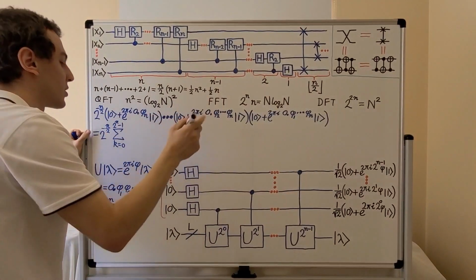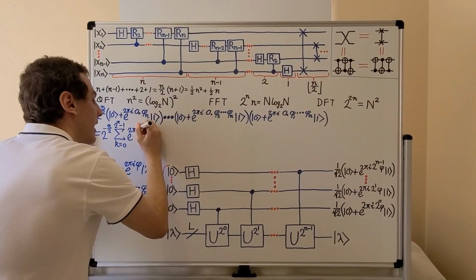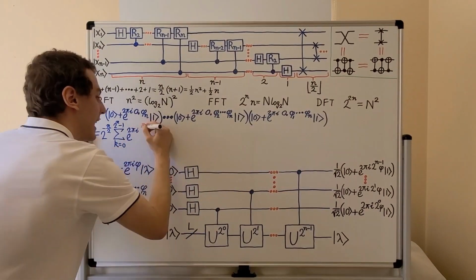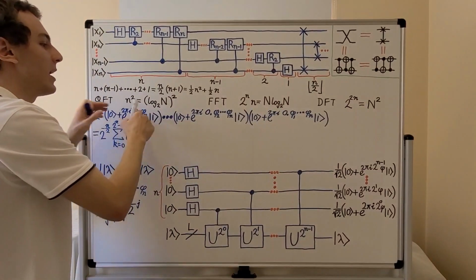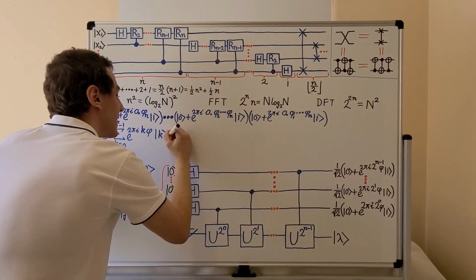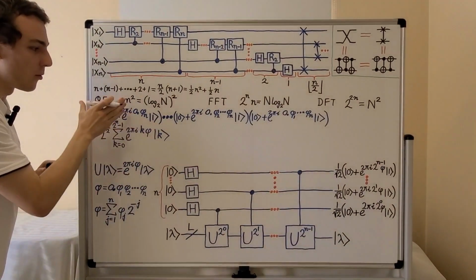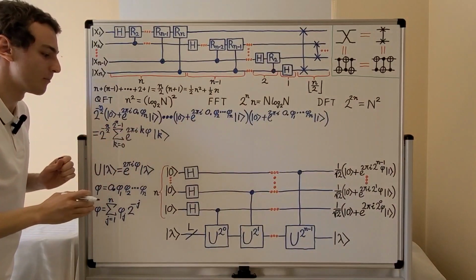And all of these phase factors, we can write them as one phase factor. That's e to the 2 pi i times this index k multiplying phi. So this is a condensed way of writing all of those phase factors, and this is going to multiply the state k. So these are two different forms for the result of applying the quantum Fourier transform.